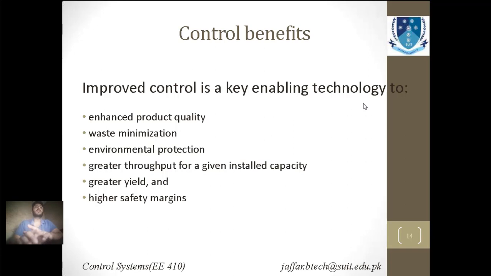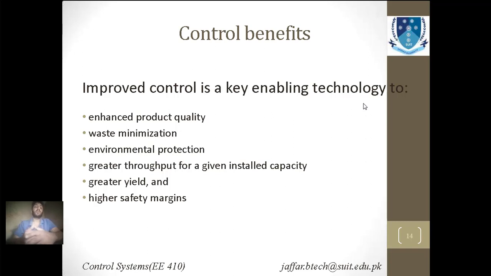Now, what are the advantages and benefits of a good control system? A control system could provide you improved control, enhancement in product quality. The minimization of waste can be done using a control system. You want to waste the least amount of resources, and that is achieved by a control system.